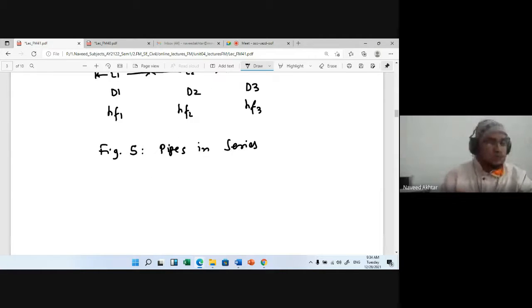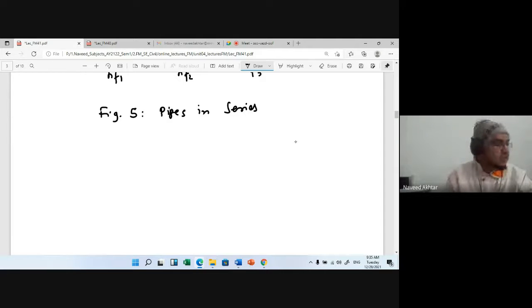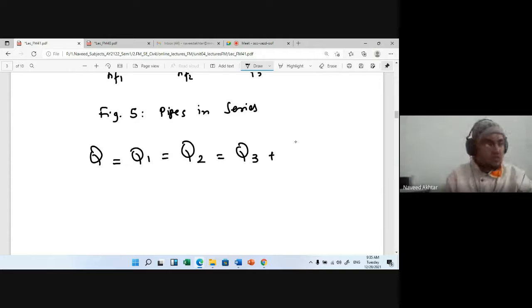Two or more pipes can be connected in series so that the same discharge passes through them, but each one will have friction loss as per its own length, diameter and friction factor. So HF1, HF2, HF3 will be different, but the discharge will be the same: Q equals Q1 equals Q2 equals Q3, and so on.